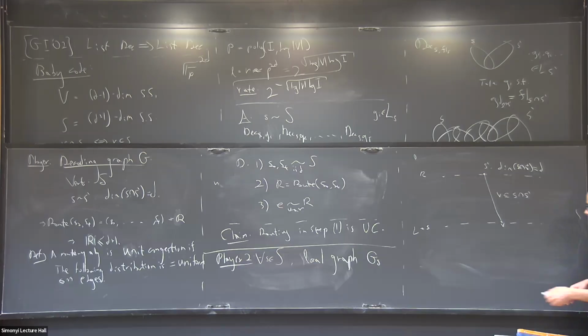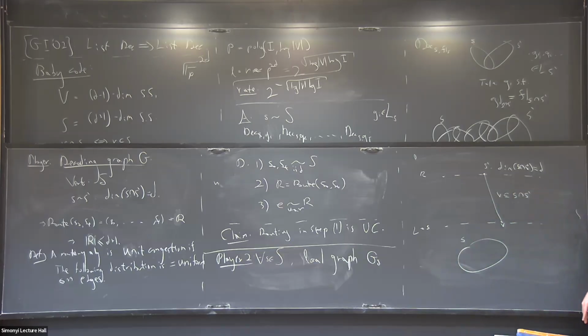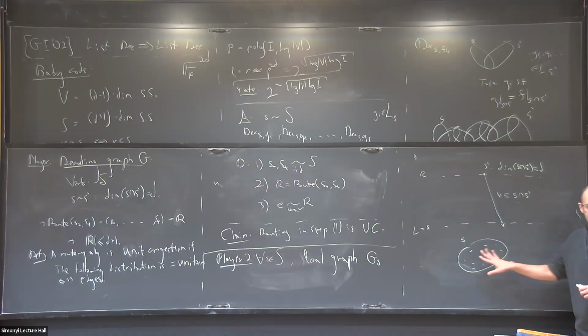I also want to give you a picture. This is S, and inside it, I think about all the subspaces of S, all the points that the functions are defined on. And I want a way to argue about the intersections between S and other subsets.